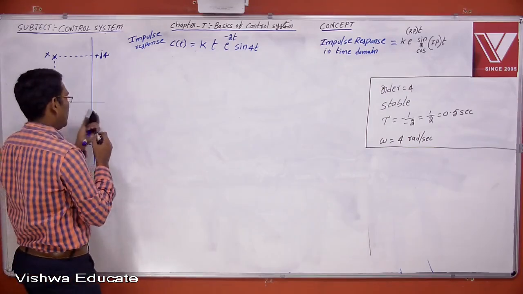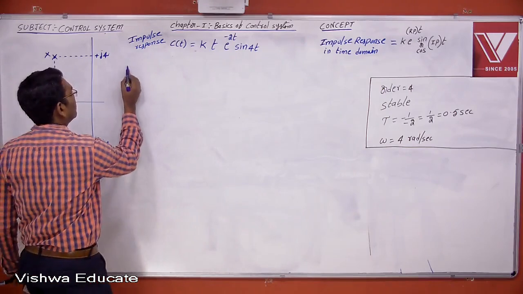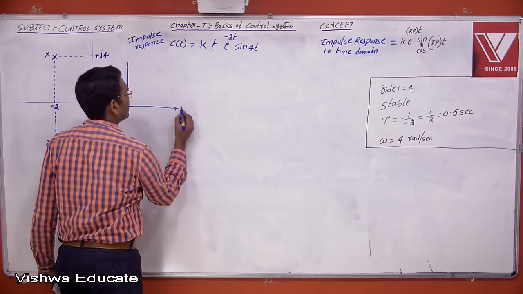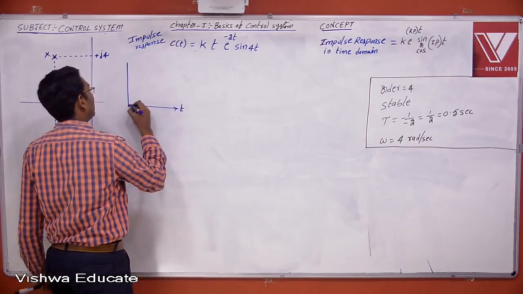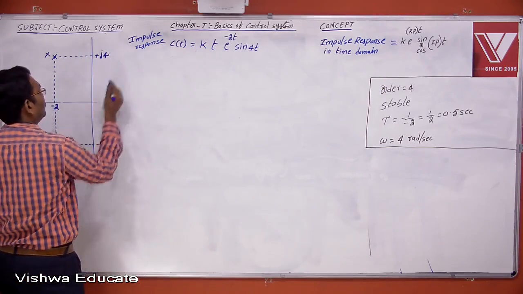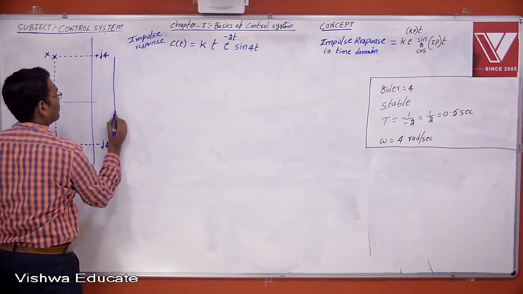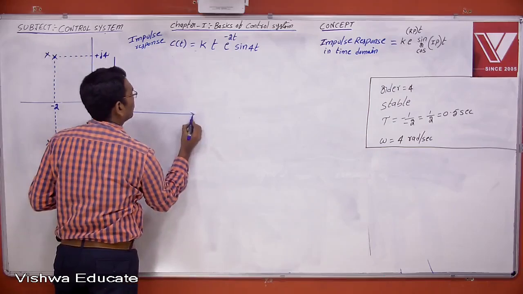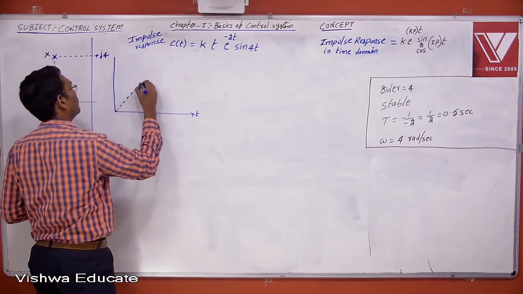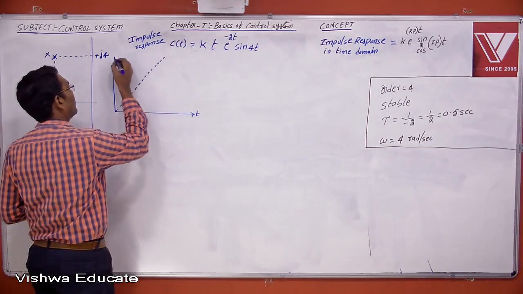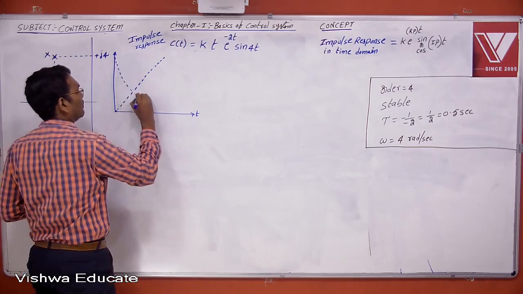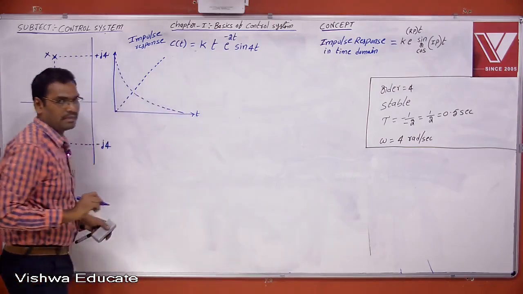Now this is the ramp. This is the combination of ramp signal and exponentially decaying signal.